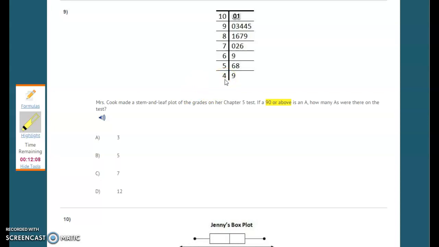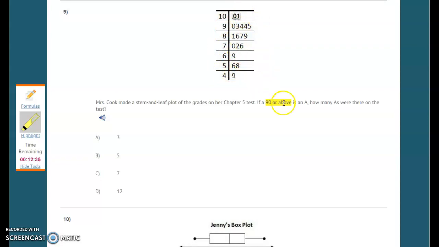So for instance, the 4 and the 9, that would be 49. 5 and then the 6 and the 8 would be 56 and 58. The 6 and the 9 would be 69. 7 and 0 would be 70, 72, 76. Okay, so that's how the stem and leaf plots work.